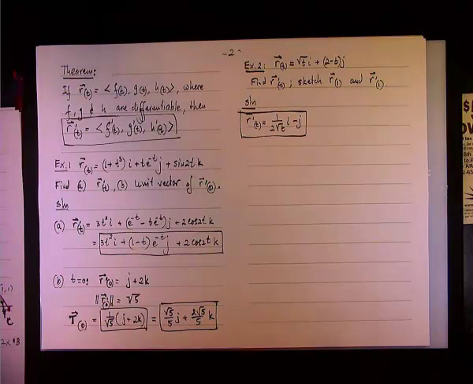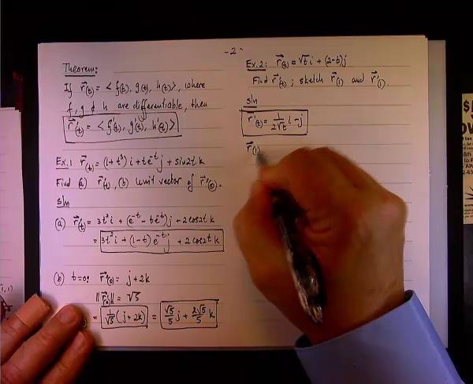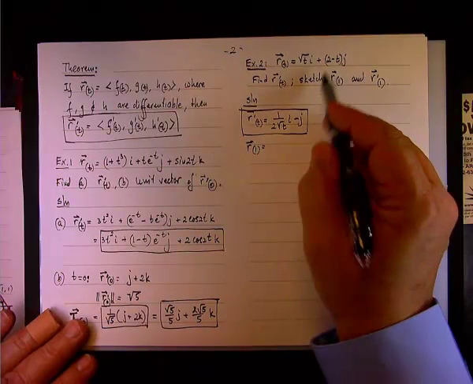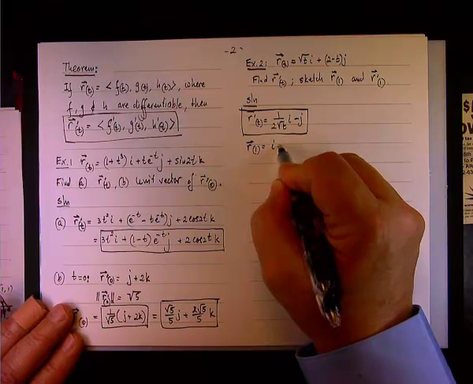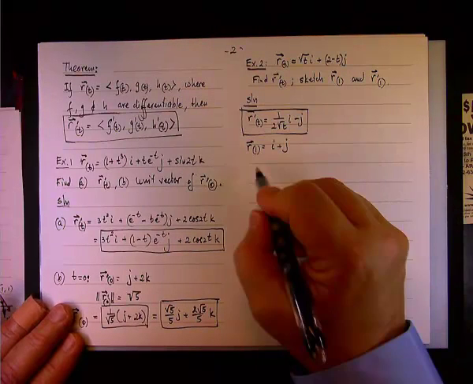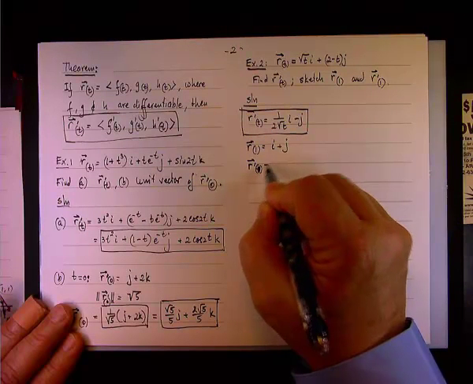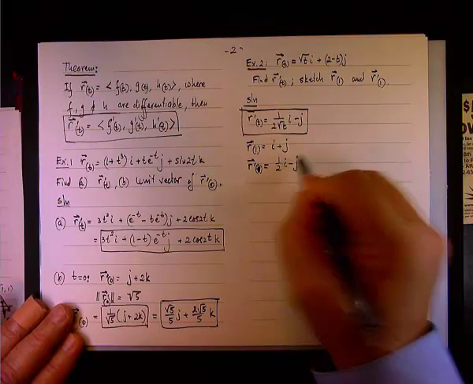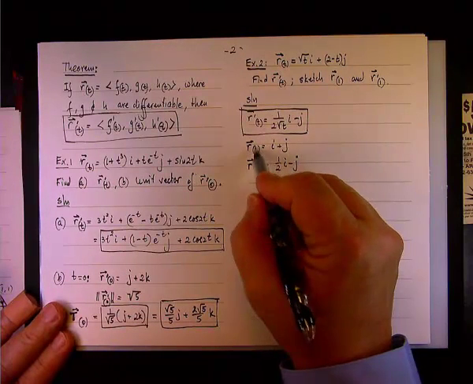Before I change the screen, let's evaluate. r of 1 is simply i plus j. Plug in square root of 1, and then 2 minus 1, and r prime at 1 is 1/2 i minus j.